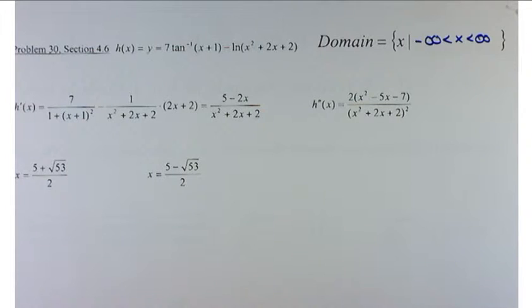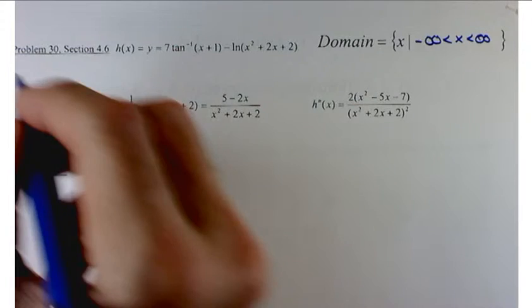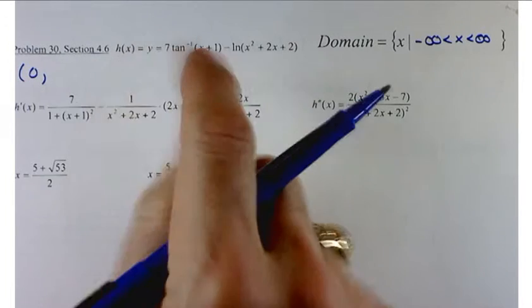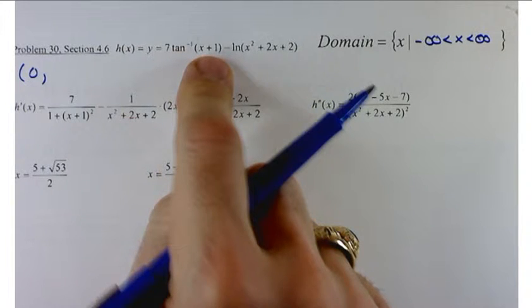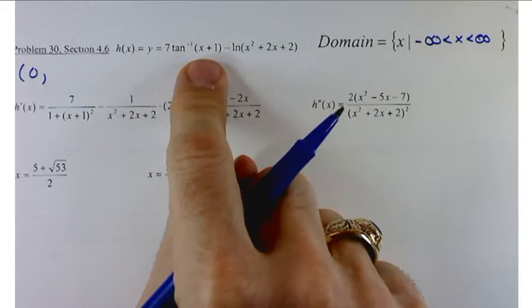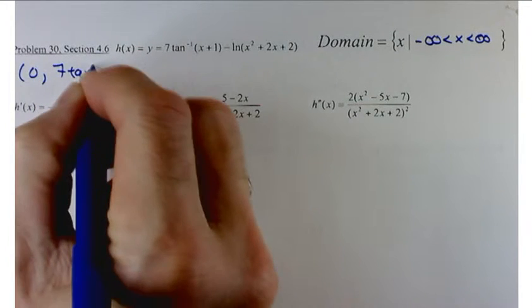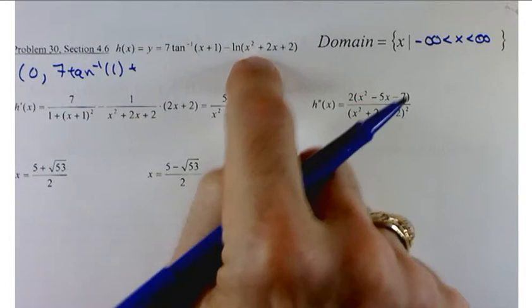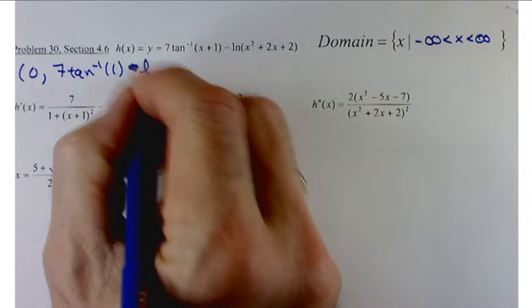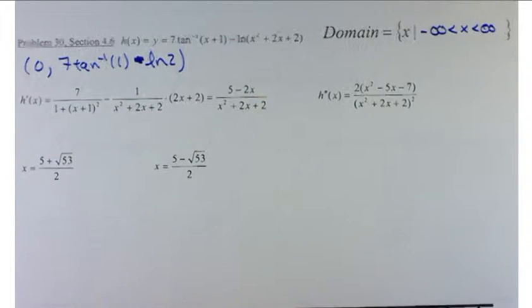Yeah, set x equals 0. So the y-intercept is going to have the coordinates 0 and 7 times the inverse tangent of 1, minus a log of 2. Okay, that's a number you have to get off your calculator.